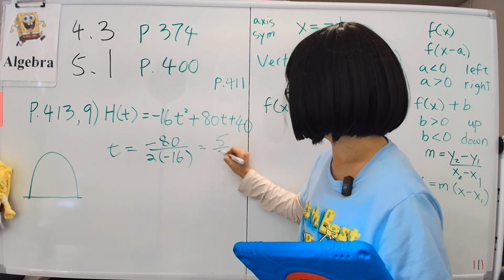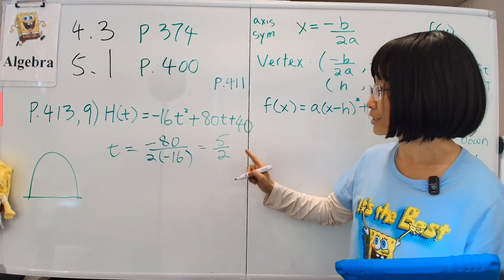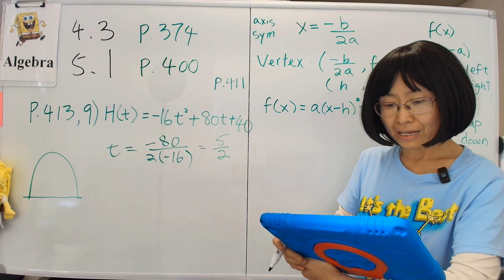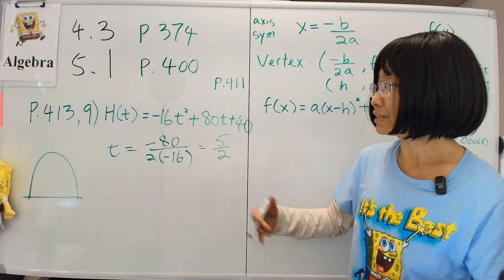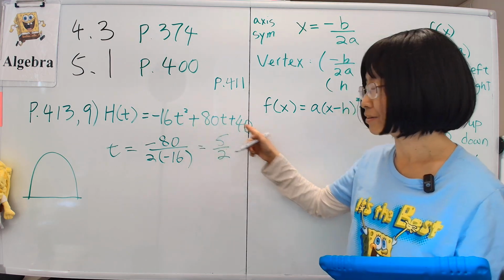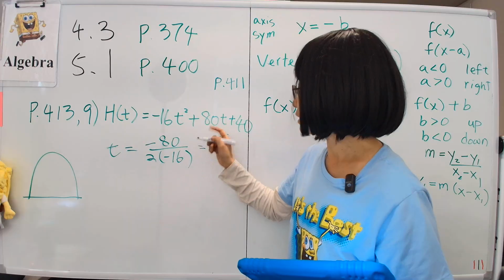So after 5 over 2, which is in seconds, I believe, it has reached the maximum. That's the first question. The second question: what is the maximum height? Then we'll plug this 5 over 2 into this thing, which will give us the height at that point in time. So let's plug that in.